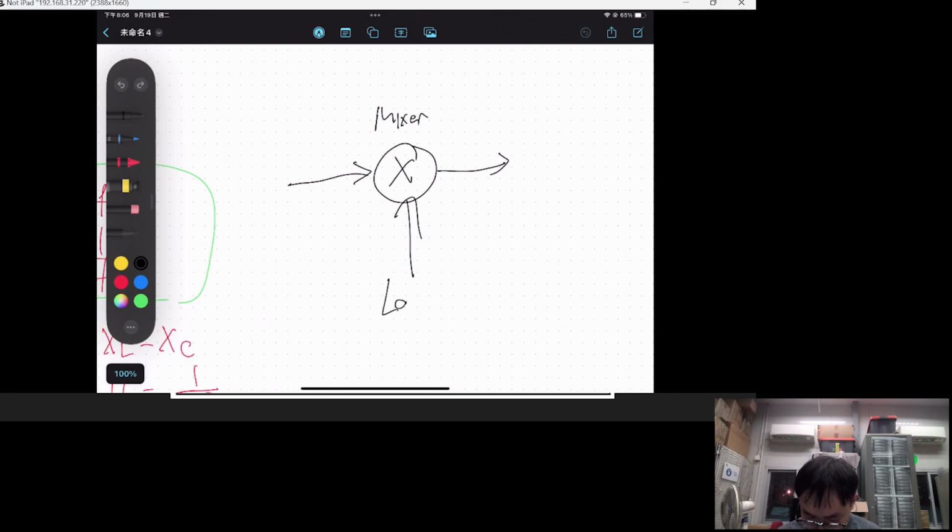Just think in this way. We got F1 here, F2 here, and how many outputs will they give you? F1, F2, F1 plus F2, and F1 minus F2.